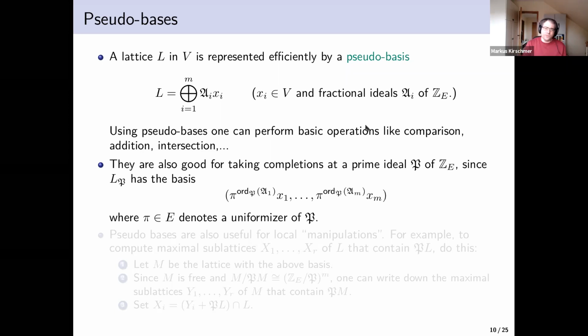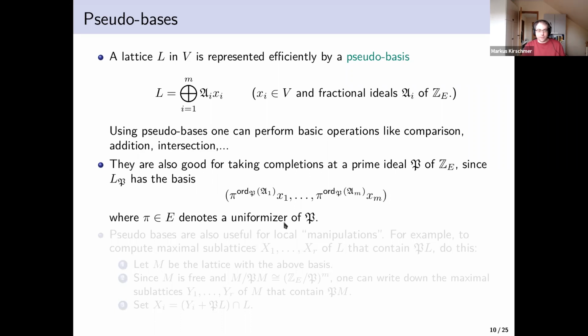And the way I view pseudo-bases, actually, it's a handy global way of describing the lattice locally at all places. Because if you now come up with any prime ideal, any maximal ideal P of E, then you know a basis of L localized at P. Because all you have to do is, for Ai, fix a uniformizer pi at P, take the valuation of Ai at P, and then take pi to this valuation times xi, and so on.